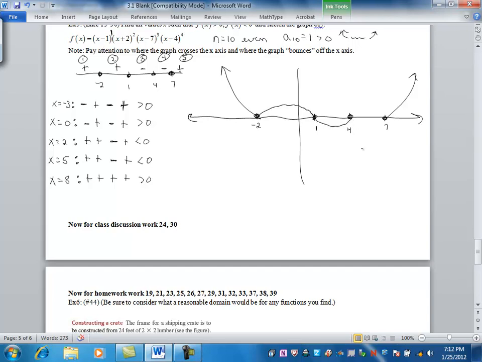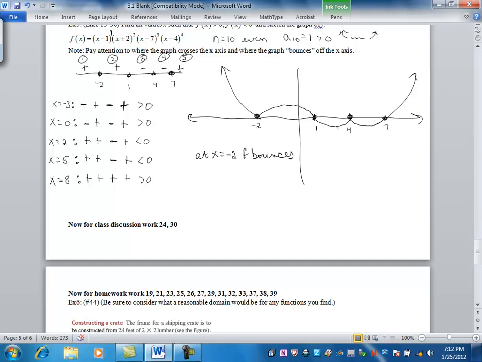And then from 4 to 7, well, we're negative once again. And then from 7 to infinity, we're positive. Now, I want you to note something here. Note how at x equal negative 2, f bounces.